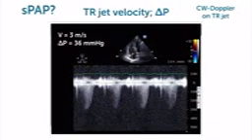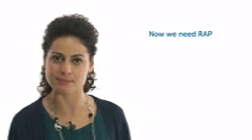So we've placed the continuous wave Doppler on the tricuspid regurgitant jet, and we've got this velocity. The peak velocity is 3 meters per second, which corresponds to a transvalvular gradient of 36 millimeters of mercury. To this value, we need to add right atrial pressure in order to get the systolic pulmonary artery pressure.